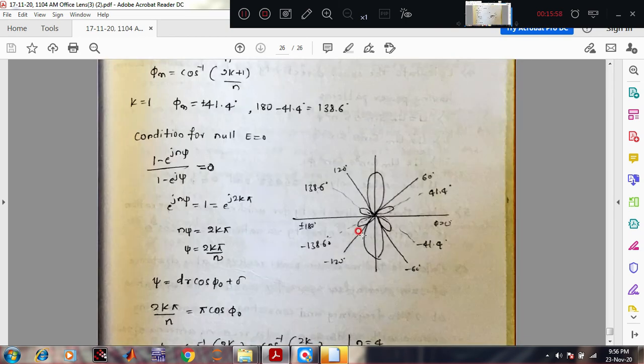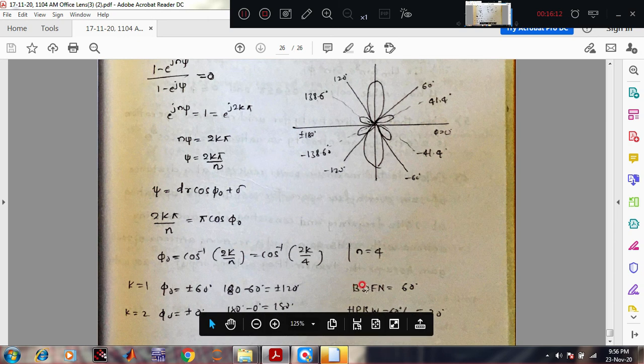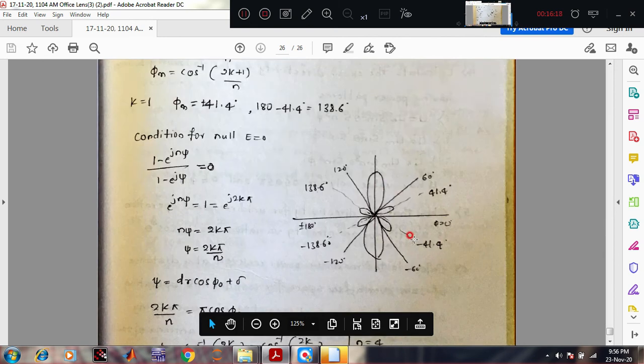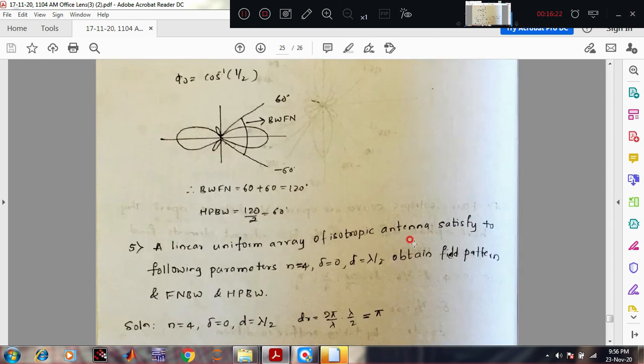So first null's beamwidth will be like this. This is 60 degrees here and minus 60 degree here. These are the first null directions. So beamwidth between first nulls is what? 60 degree. Half power point will be what? 60 by 2. So this is how we need to solve the problems very clearly, right?